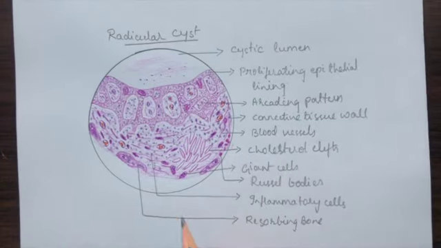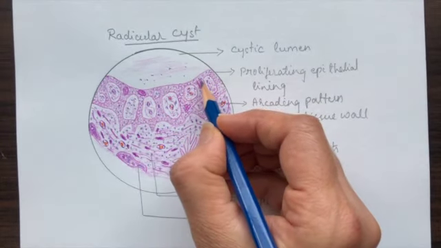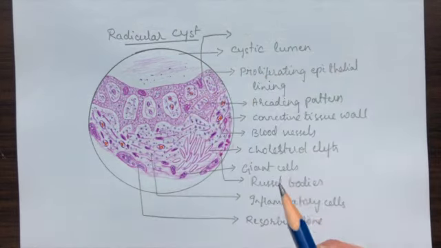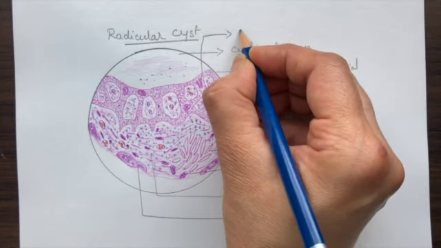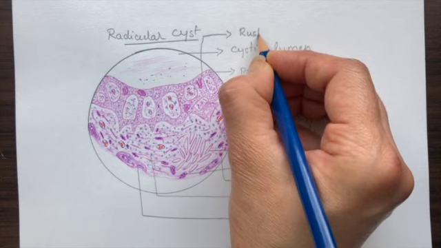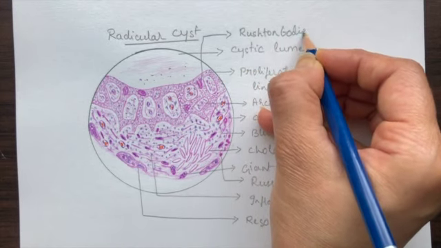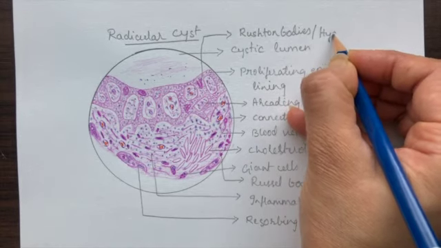Where shall we label them? Okay, we will try to label it here. Rushton bodies or hyaline body.